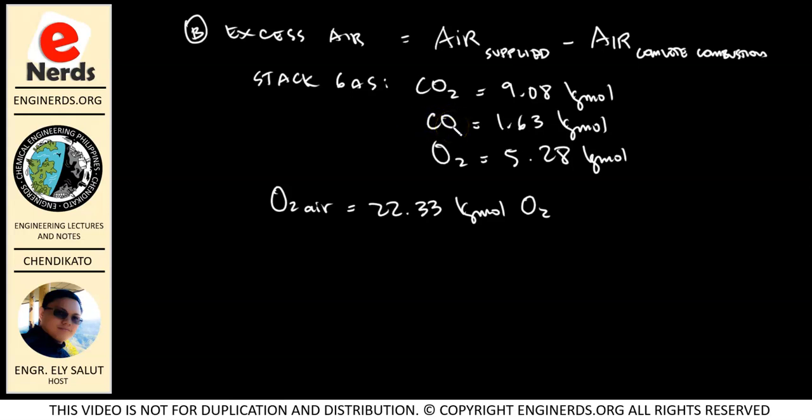So ang magiging palatandaan lang natin that we have a complete combustion is yung CO2. In our CO2, meron tayong 9.08 kilogram mole, so that means our carbon has been converted to CO2. Ginawa na natin yan kanina.